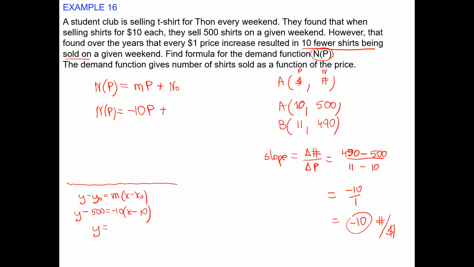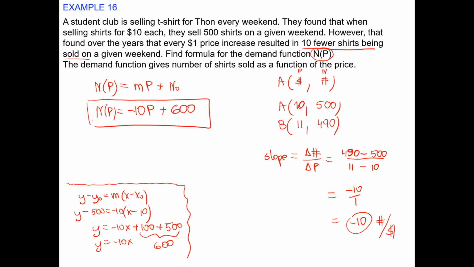Let's solve it for y. Negative 10 times x, negative 10 times negative 10 is positive 100, and positive 500. This is 600, I mean, this is our working station. 600 is the y-intercept. That's the model, that's actually the demand function, negative 10p plus 600.